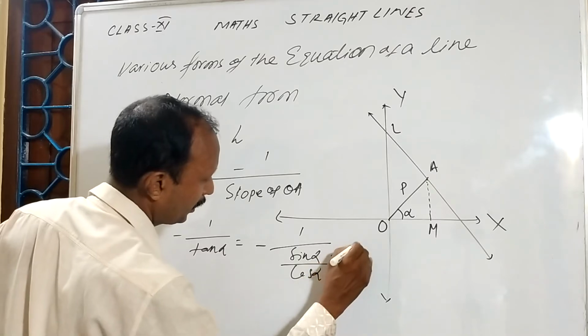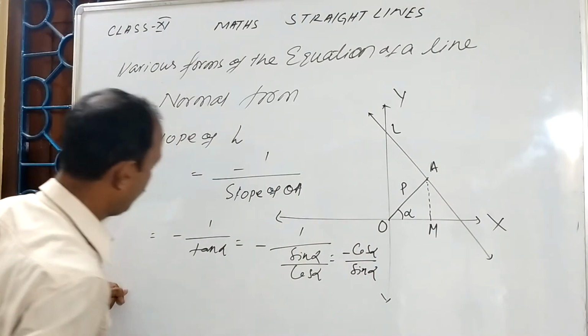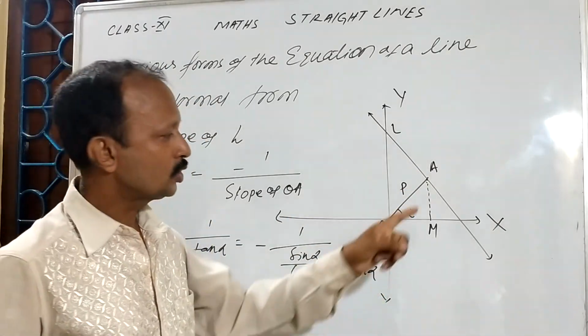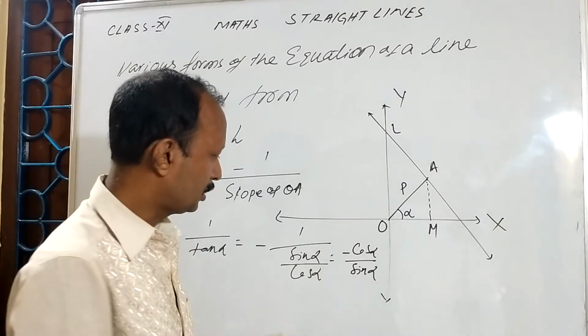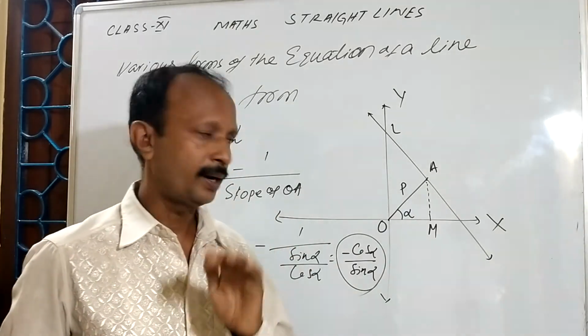This is equal to minus cos alpha upon sin alpha. This is the slope of this line. So what slope did I get? We got minus cos alpha divided by sin alpha.